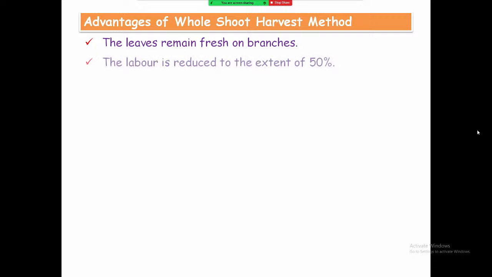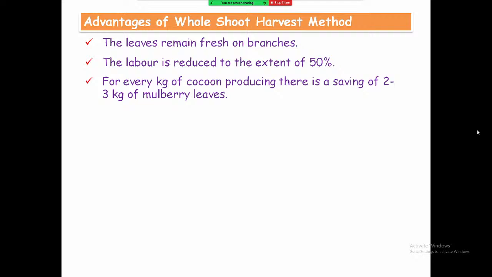First, the leaves remain fresh on the branch. Second, labor requirement is reduced by up to 50%. Then, for every kilogram of cocoon produced, there is a saving of 2 to 3 kg of mulberry leaves. See, if we want to produce 1 kg of cocoons and harvest by this method, we can save around 2 to 3 kilograms of mulberry leaves.